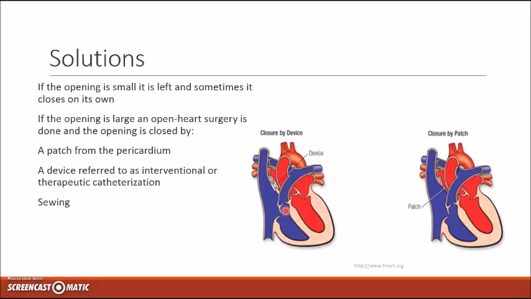Either the cardiologist takes a patch from the pericardium and closes the opening, as we can see in the picture over here, or inserts a device through thoracic catheterization that closes this opening, or merely sews the lower and upper parts of the opening together to close it and return the heart to normal.